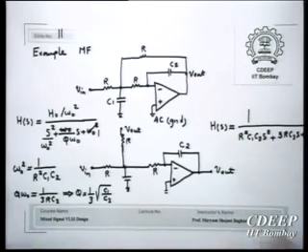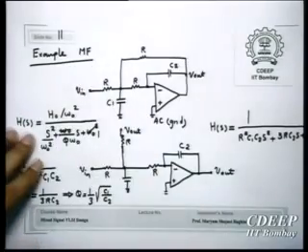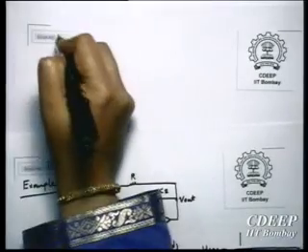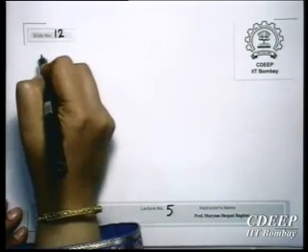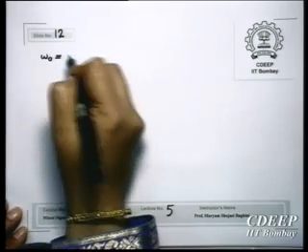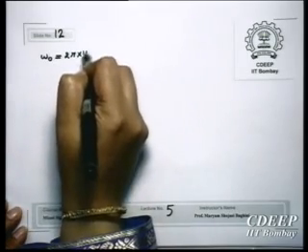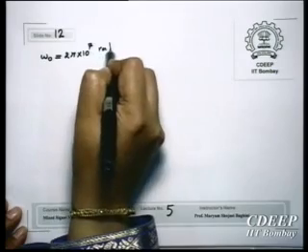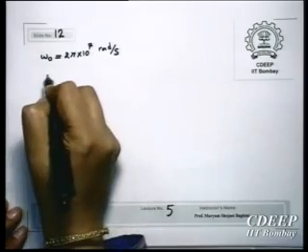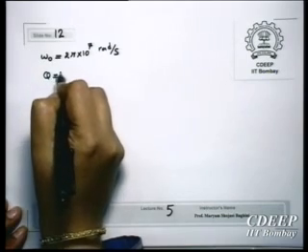For example, I continue next page. Suppose omega 0 is 2 pi 10 to the power 7. We want this, right? And we want Q to be equal to 1.